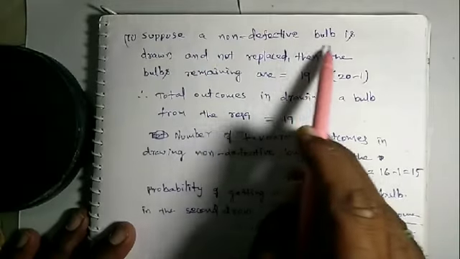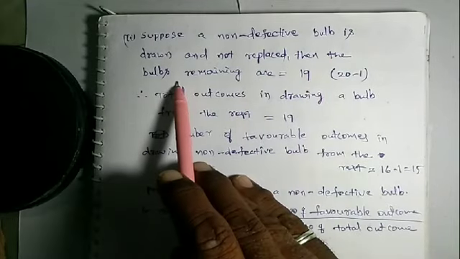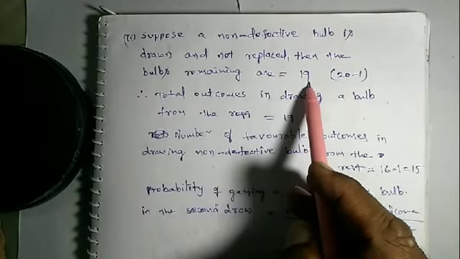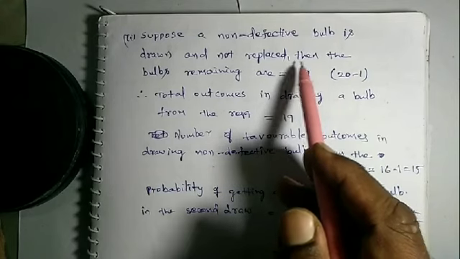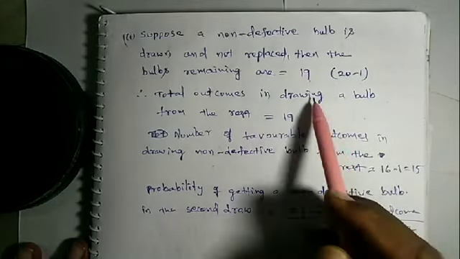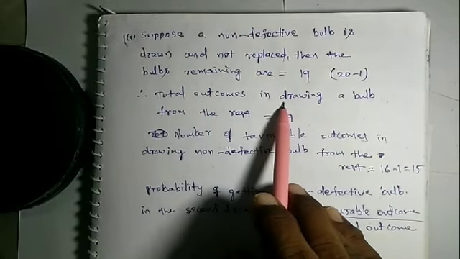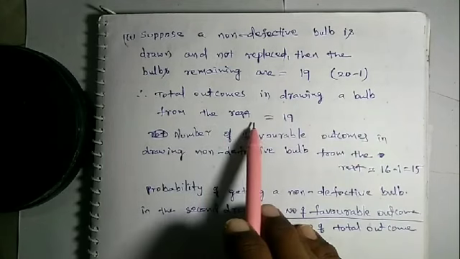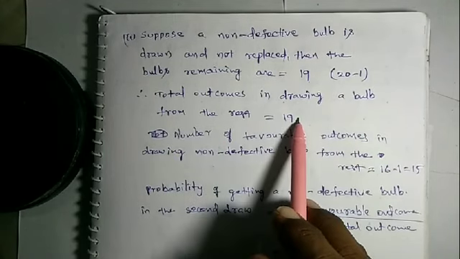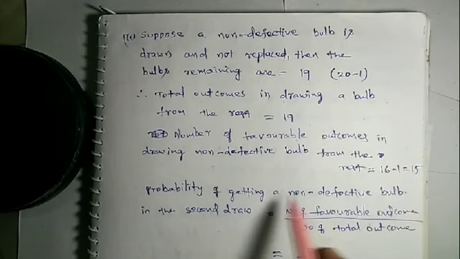Suppose a non-defective bulb is drawn and not replaced, then the bulbs remaining are 19, because one bulb is selected. So that is non-defective bulb. Now bulbs are 19. Total outcomes in drawing a bulb from the rest is equal to 19.